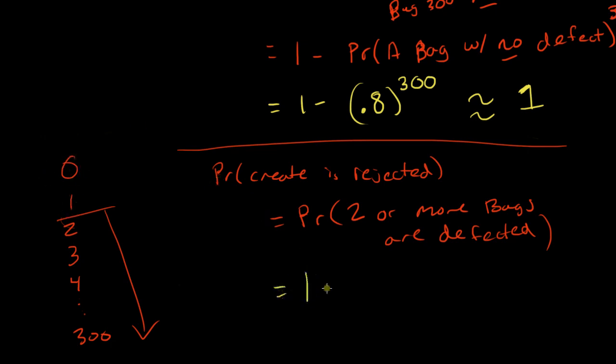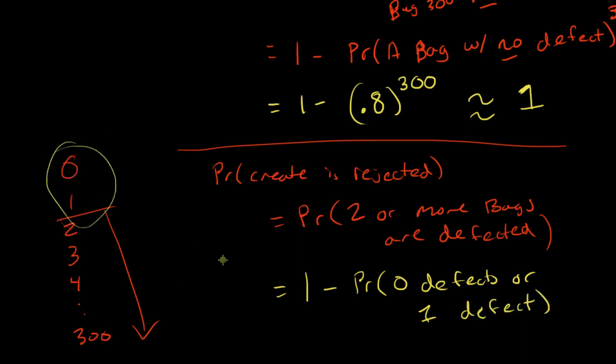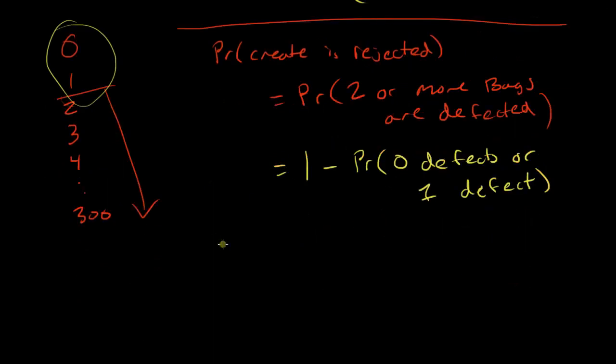So I'm still going to end up using 1 minus the probability of having 0 defects or 1 defect. Okay, so that is the complement, 0 or 1. So 1 minus 0 or 1. These are two events, so I can use my addition rule for them.